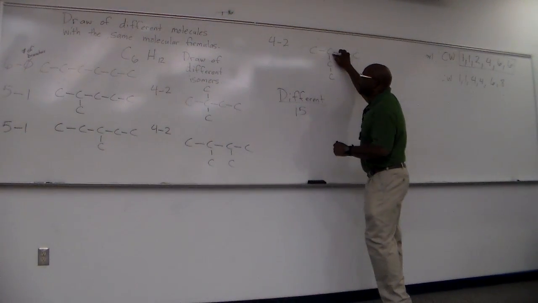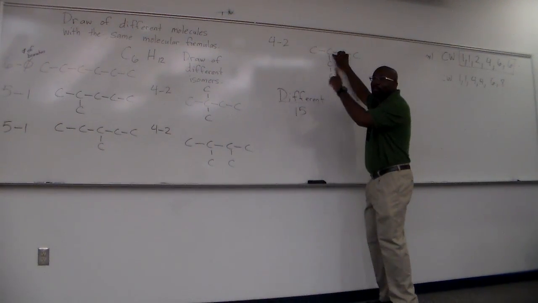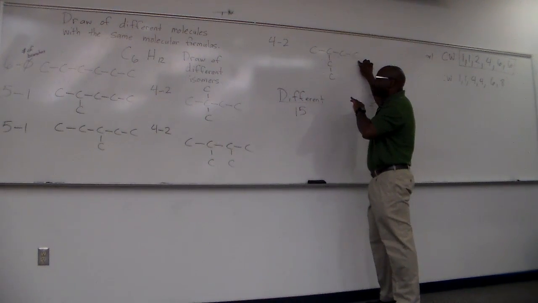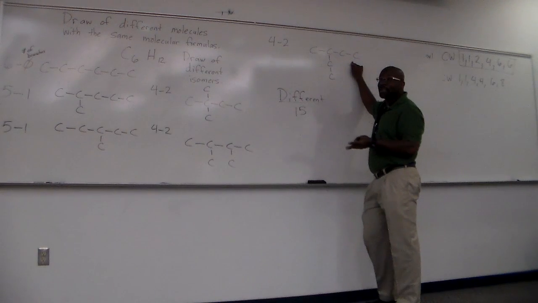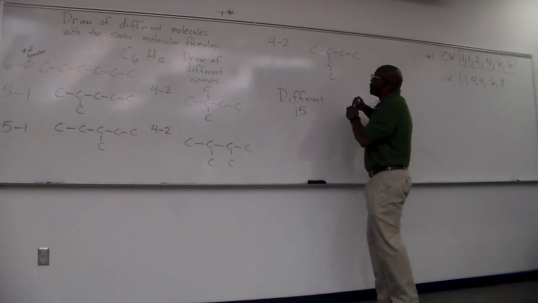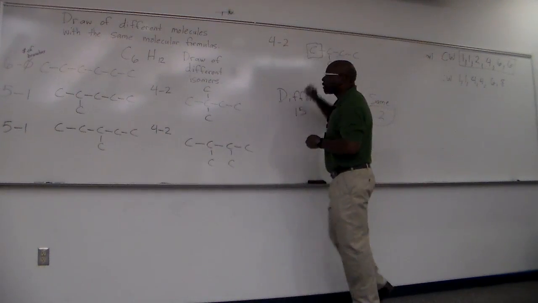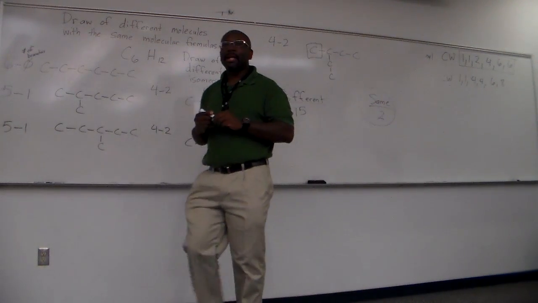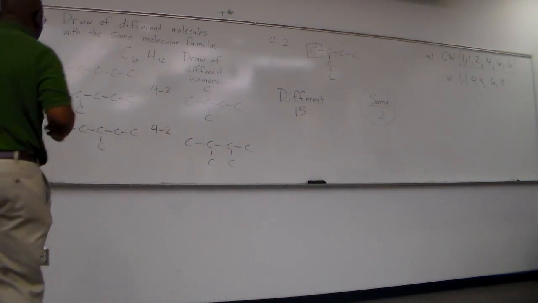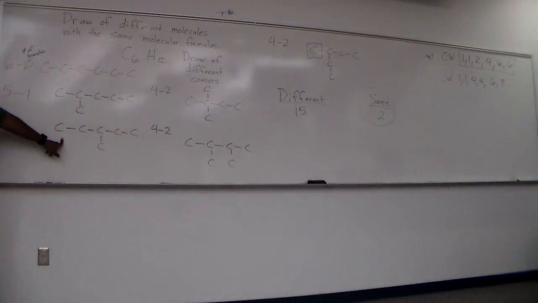Now when I get here, I'm obligated to go left or right. If I go right, my longest carbon chain will be 5, and I have a branch on carbon number 3. That molecule will be 3-methyl pentane. We already have 3-methyl pentane.